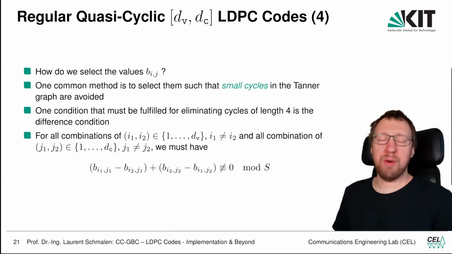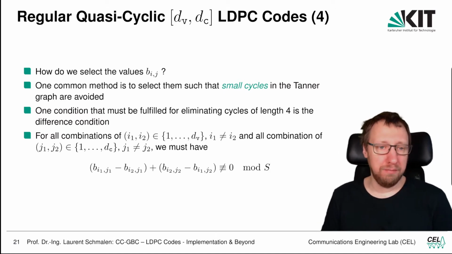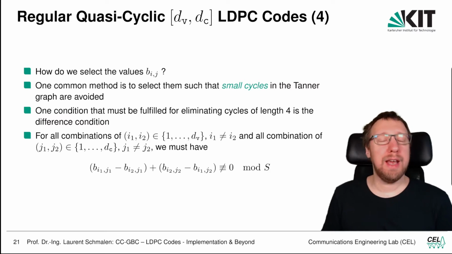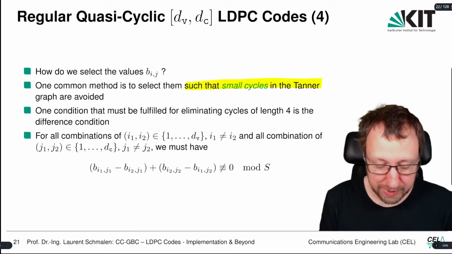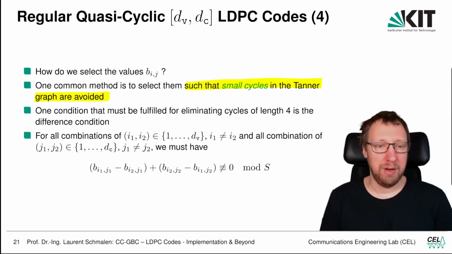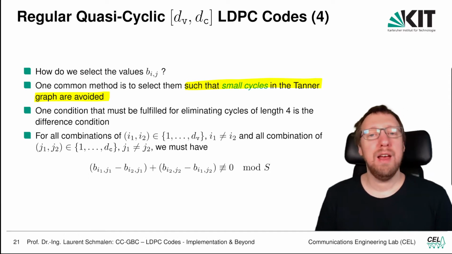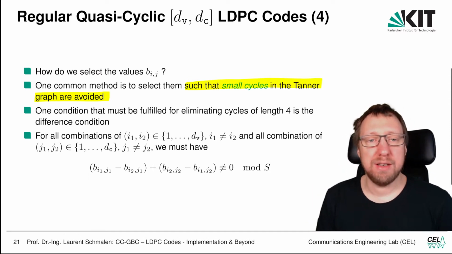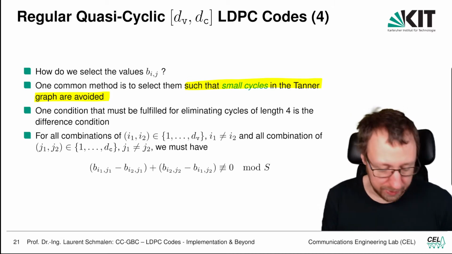We saw in the previous chapter that we should avoid cycles of length 4. And we need to take this into account when selecting the shift values b_ij. We usually select the shift values such that small cycles are avoided, essentially such that cycles of length 4 must be avoided. And there is a very nice condition for checking if two particular entries of the matrix form a cycle of length 4. That's the so-called difference condition.